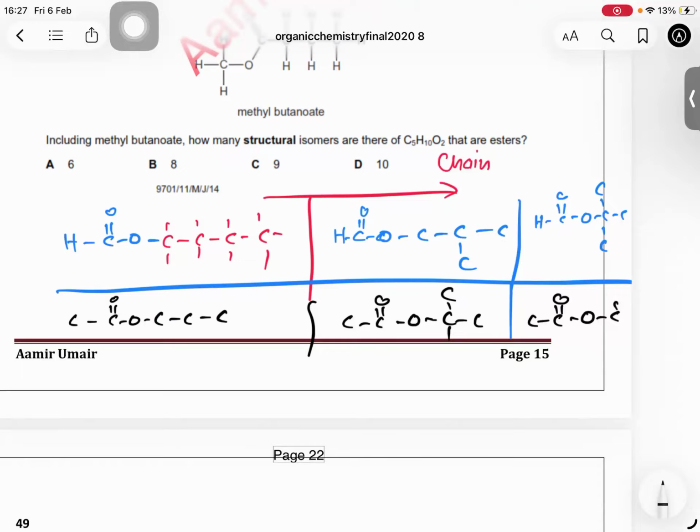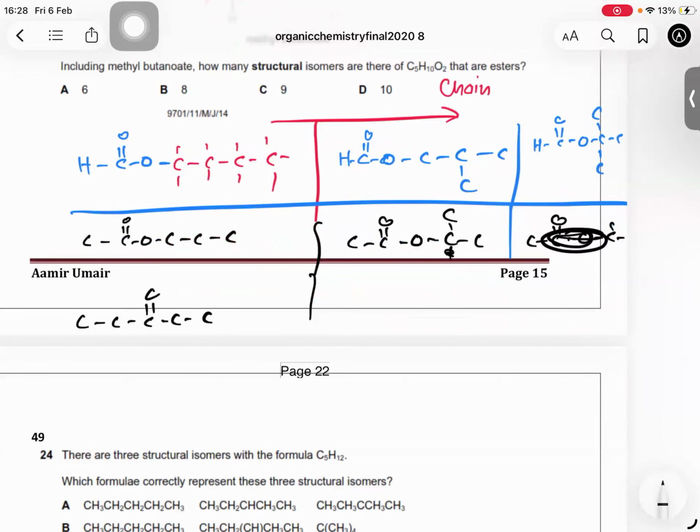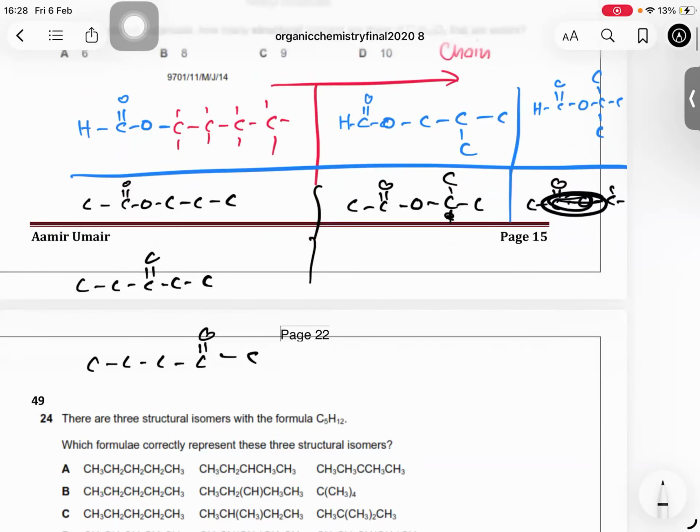So here it is 3. And then let's take it to the back side now. 1, 2, 3, 4, 5. Then put 1 more on the back here. And then you can also make a chain isomer for this.